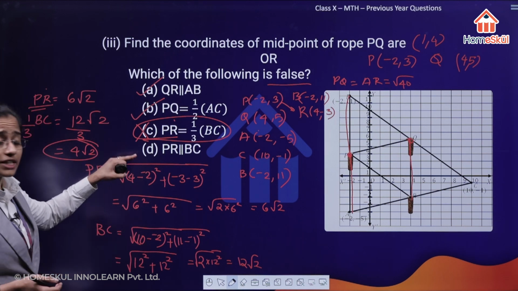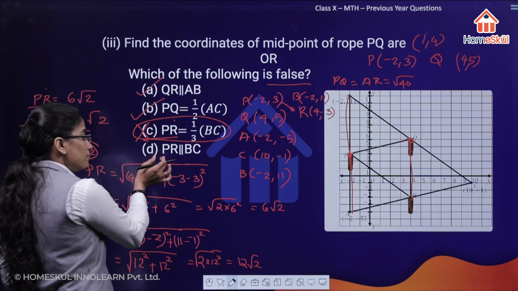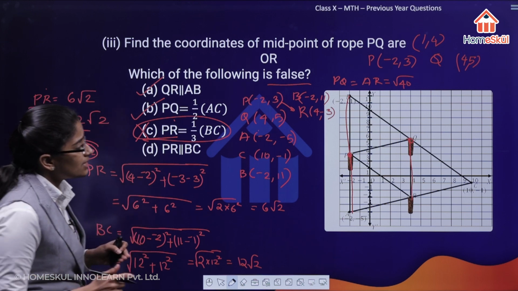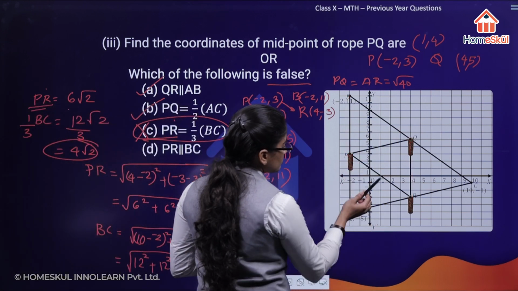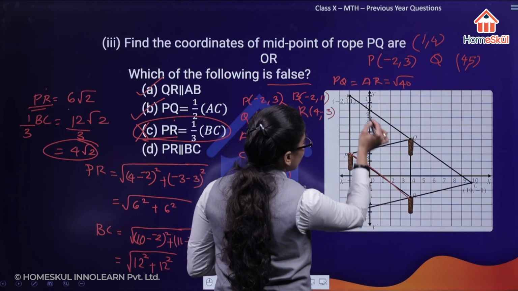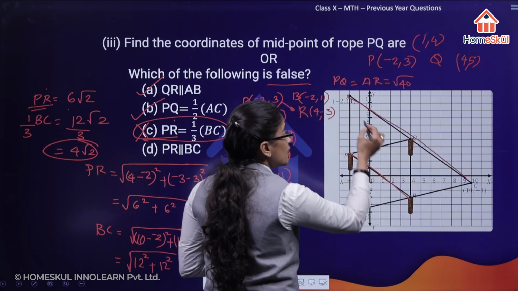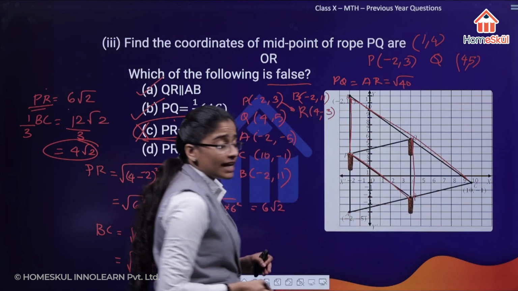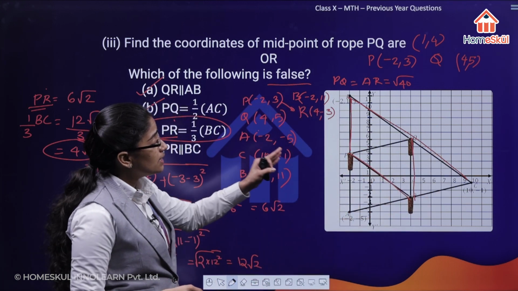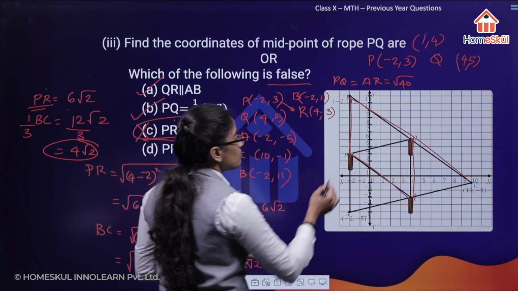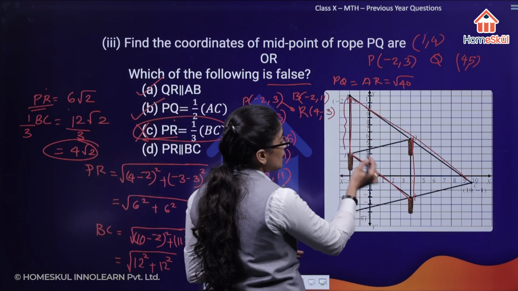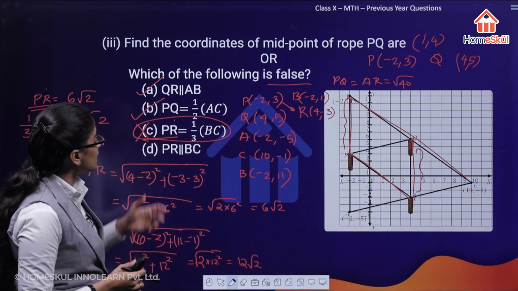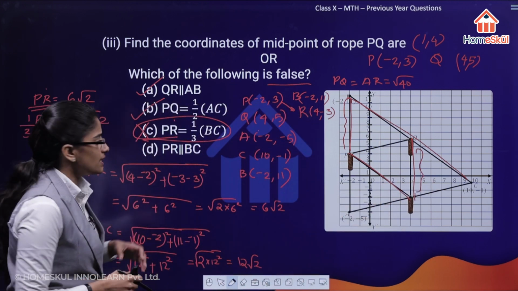So let's also check option D. Here, PR is parallel to BC. How will we check whether PR is parallel to BC or not? If the distance between BP and QR are equal, then we could say that PR is parallel to BC. Let's check that.